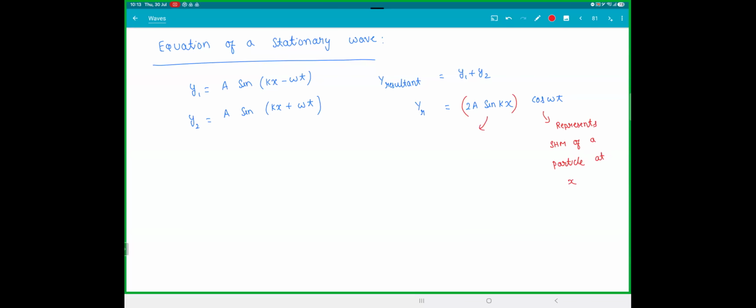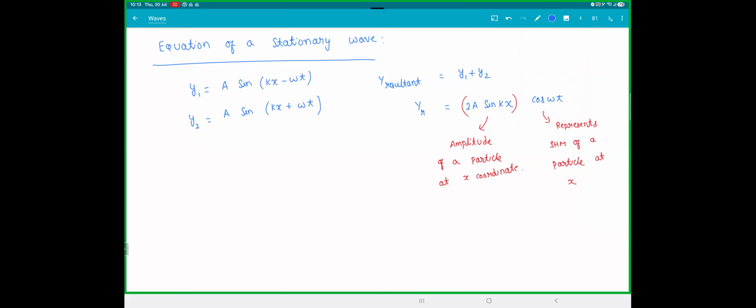What is this other term representing? This is representing amplitude. But look at that, there's something interesting there. This is the amplitude of a particle at a distance x, meaning every particle has a different amplitude, at coordinate x. So basically in a stationary wave, all the particles don't have the same amplitude.